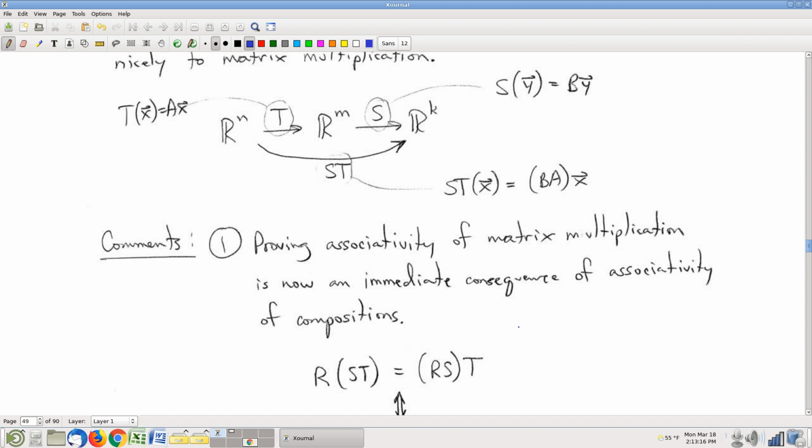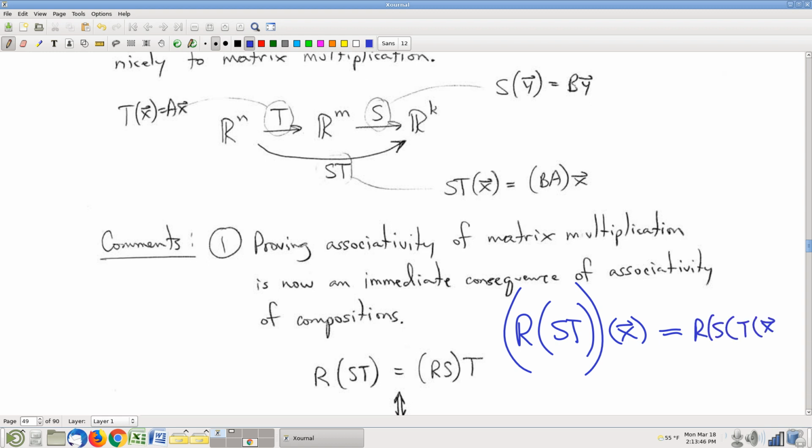R times ST as a function acts on some input vector x by, let's see here, we've got a bunch of compositions. The first thing we're going to do is compose S and T, and then having done that, we're going to pre-compose with R, and altogether what we're going to get is R of S of T of x.